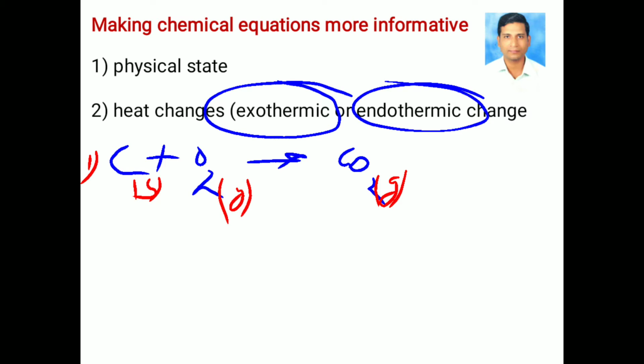Here carbon is in solid state, oxygen is in gaseous state, and the product, carbon dioxide, is in gaseous state, and here heat will be released in this process. So we have to write plus Q on the product side, which represents an exothermic reaction.